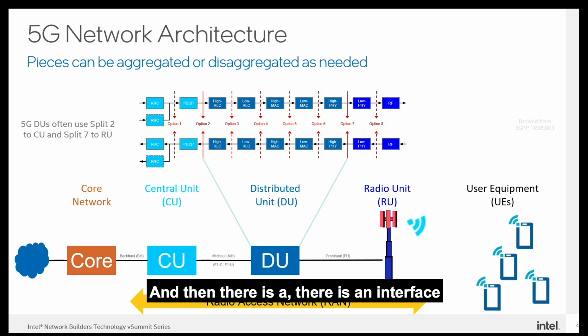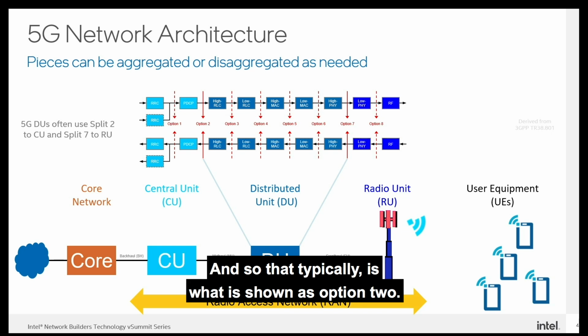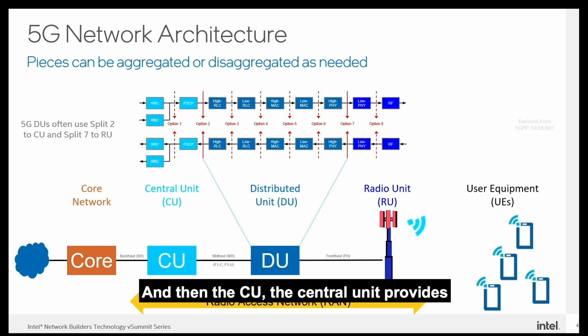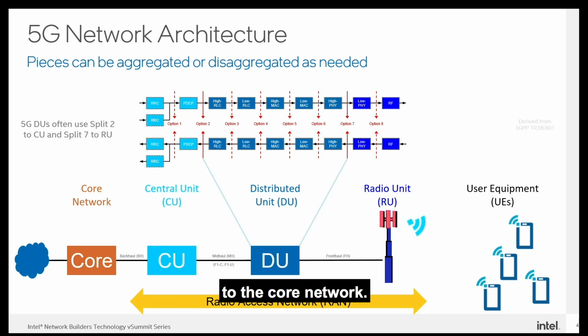Then there is an interface, which is the mid-haul interface, that goes between the DU and the CU if the CU is split. And so that typically is what is shown as option 2. And then the CU, the central unit, provides some of the PDCP and the higher level functions before processing data out through the backhaul link to the core network.